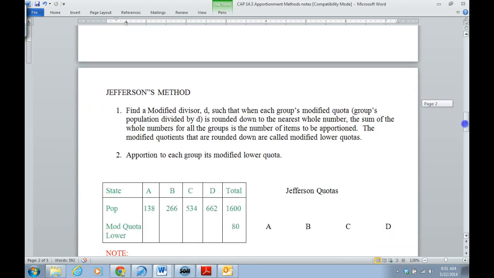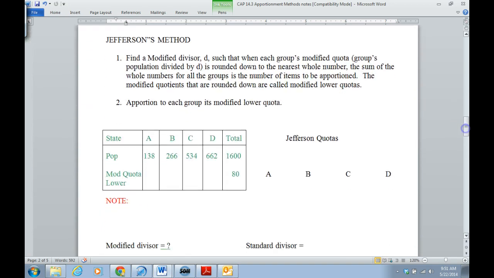Now let's look at Jefferson's method. In Jefferson's method, you need to find a modified divisor, D. What we were using before was the standard divisor, where we took the total population and divided by allocated parts.